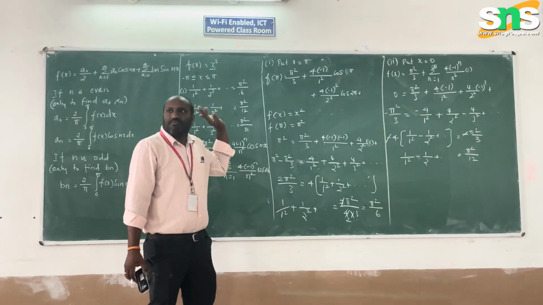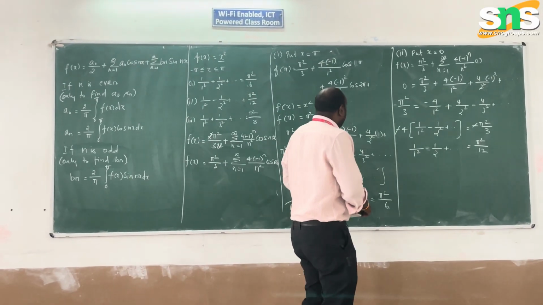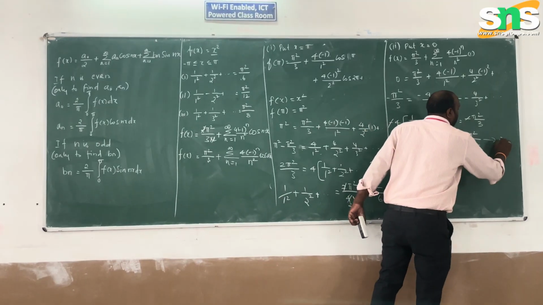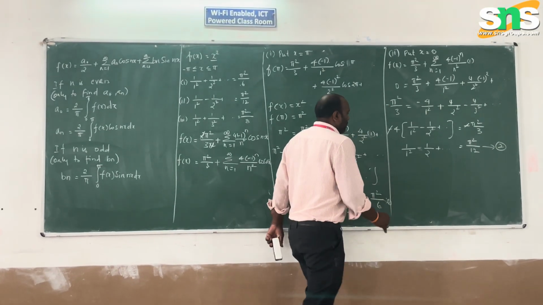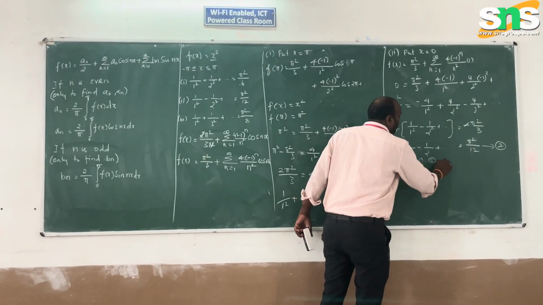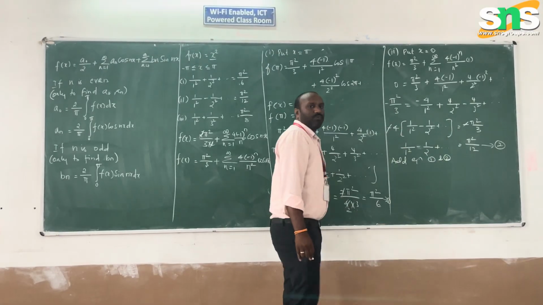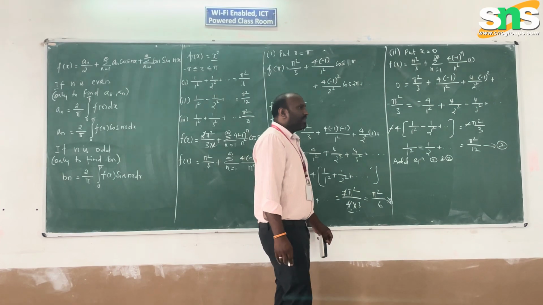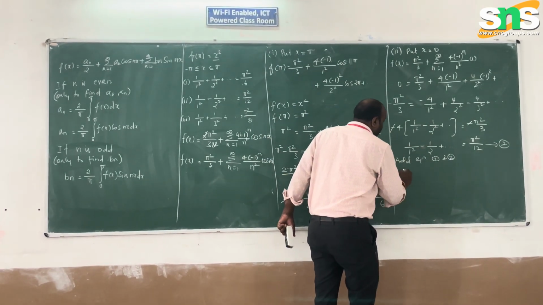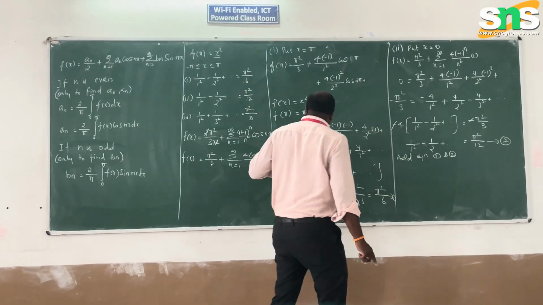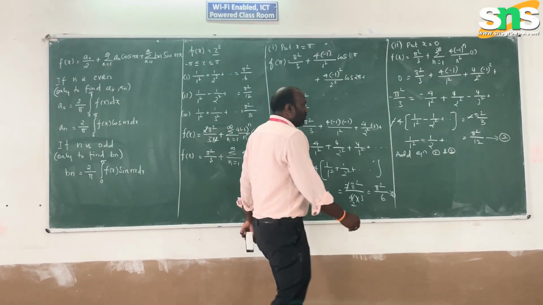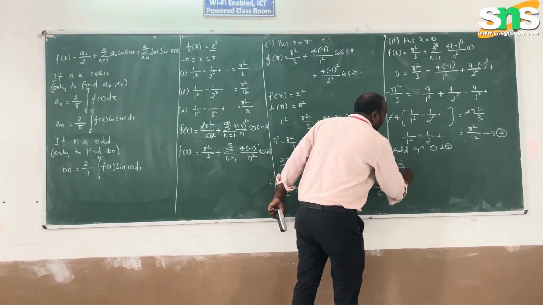And the final one is very easy, because we take this one as 1 and this one as 2. So add the equations 1 and 2. Then finally we get the value. 1 by 1 square, here also 1 by 1 square, here also 1 by 1 square, then 2 by 1 square.